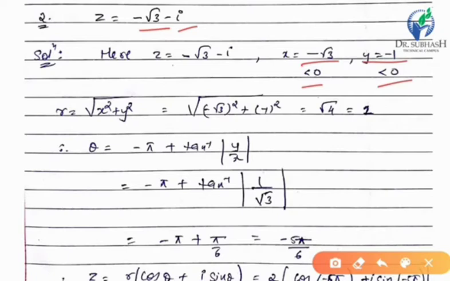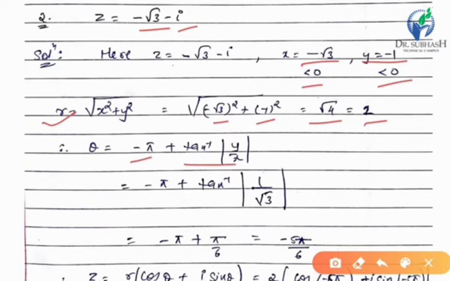Now r equal to under root of x square plus y square, which will be equal to minus root 3 square plus minus 1 square, which is again root 4, and that is equal to 2. Now for the third quadrant, the formula for theta is minus pi plus tan inverse mod y by x.